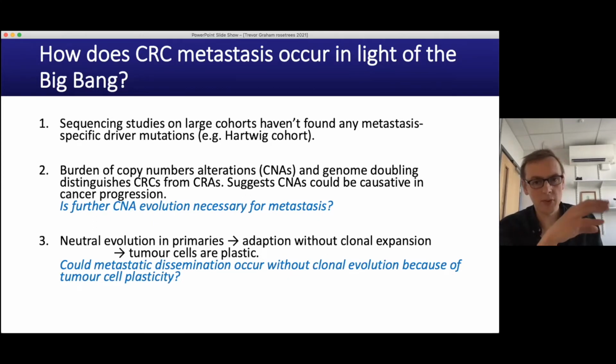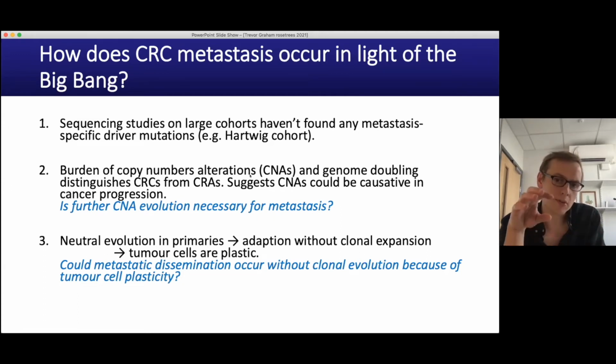And then in big sequencing cohorts that I'm sure you're well aware of, there aren't a big list of metastasis-specific SNVs that have been found in colorectal cancer metastases in the liver. So perhaps there aren't metastasis-specific driver genes, or at least commonly those genes are not present in metastases. Given our insights in primary tumors, we see that copy numbers do accrue and seem to underlie progression from precancers to cancers. So perhaps copy numbers are really important in metastasis. It's a reasonable hypothesis given our understanding of primaries.